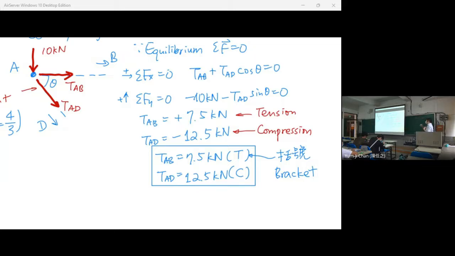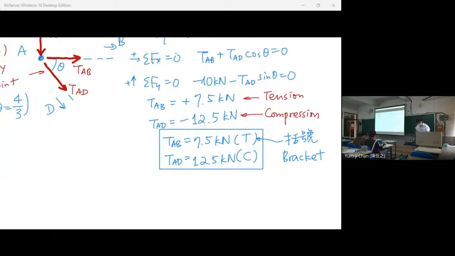So after we look at joint A, we get TAB and TAD, and then we look at another joint to work on.